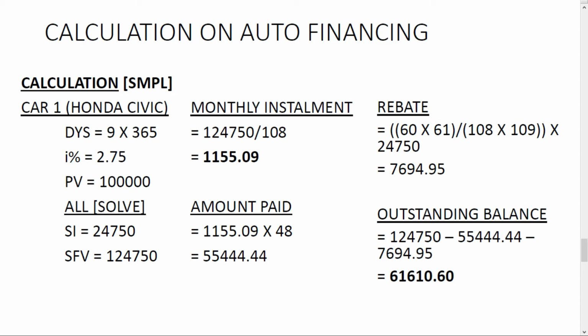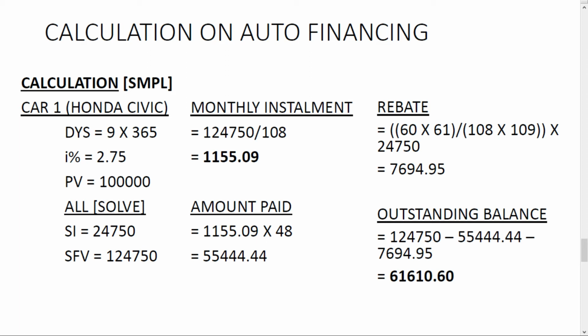Then scroll down and solve at all to get the SI, which is the simple interest, and SFV, which is the simple future value. Then the monthly payment or monthly installment you can get by dividing the SFV by the number of months during the tenure.